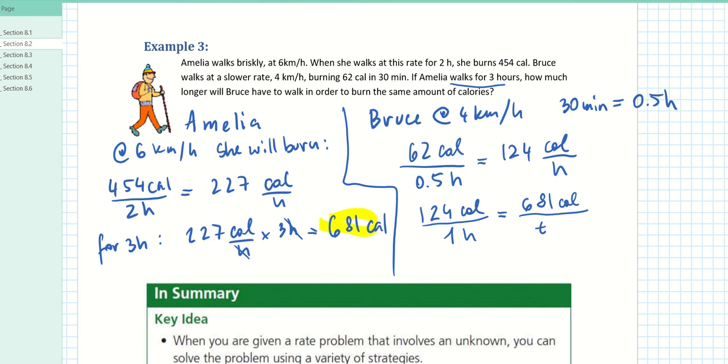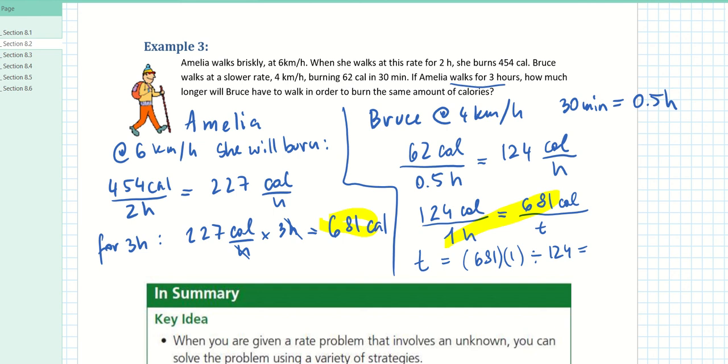So again, we're going to cross multiply here. A lot of these problems with rates are basically cross multiplication problems. So we're going to multiply these two together, divide by the leftover number. So t is going to equal 681 times 1, which is just 681, but we can write it in, and divide by the leftover number, which is 124.